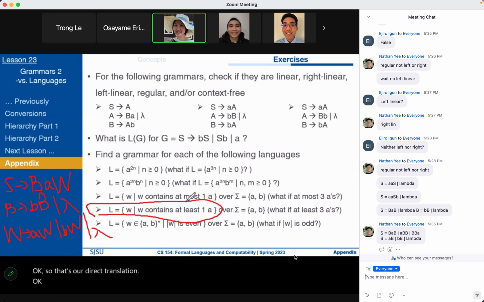Okay, and the same basic idea, we can also do at least 3 A's, etc. So at least 3 A's means that we have B A B A B A W. And that's at least 3 A's.